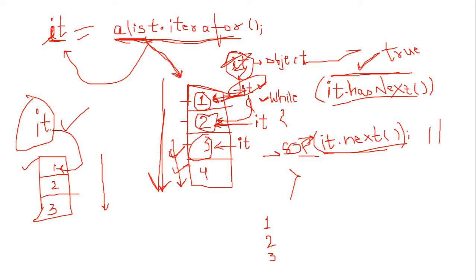Again we will come inside this while loop, and you can see again I am writing it.next here, which means it will now be pointing to this. Instead of 3, it will now point to this. So if it is pointing to this element, then with the help of system.out.println we will retrieve the value, and it.next will print this element 4 at the end.